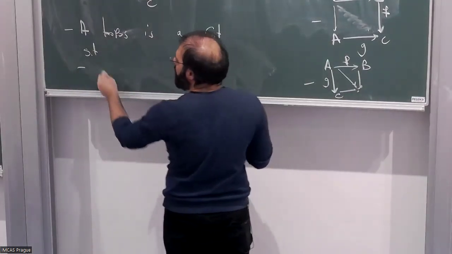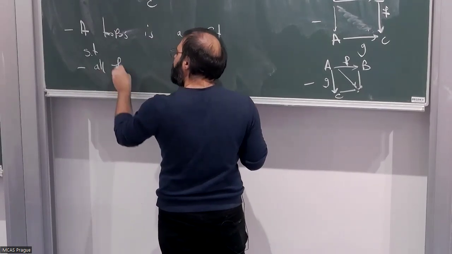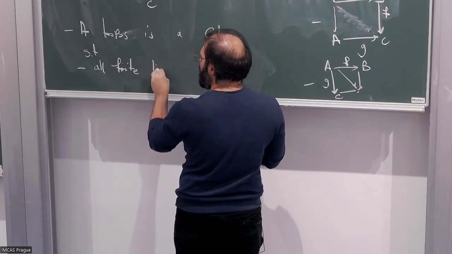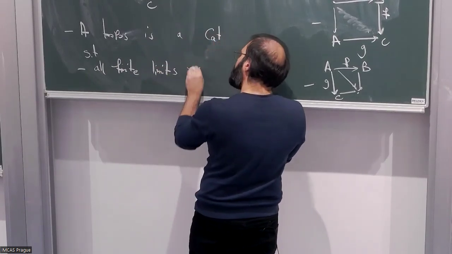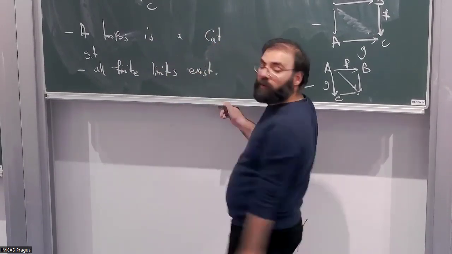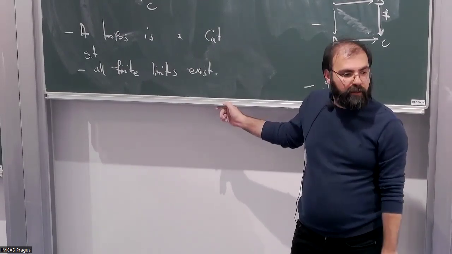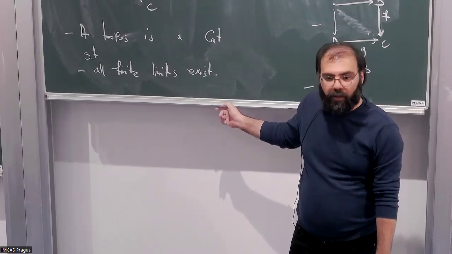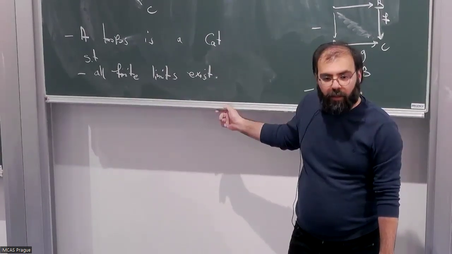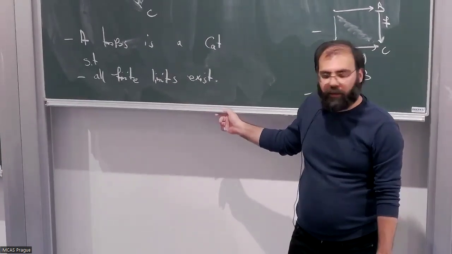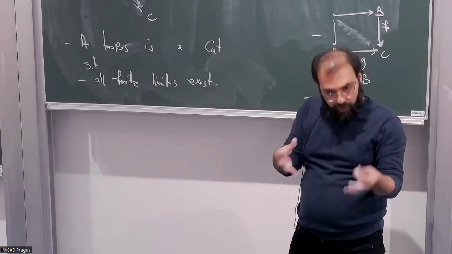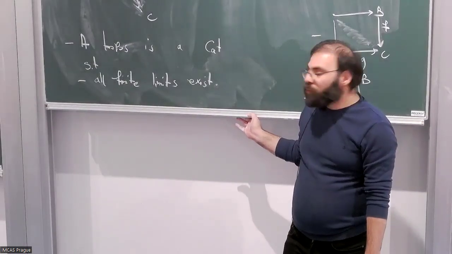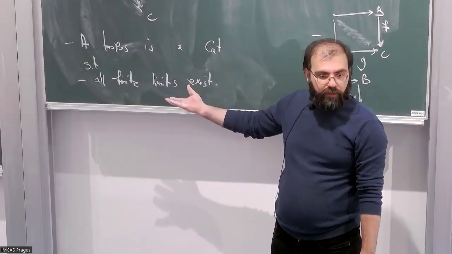Condition one is that all finite, not all, just finite limits exist. Or equivalently, if you like, just the product exists and the equalizer exists. I can take a diagram of any pattern that you can think of, as long as it is just finite. So you have the best solution for all these problems.